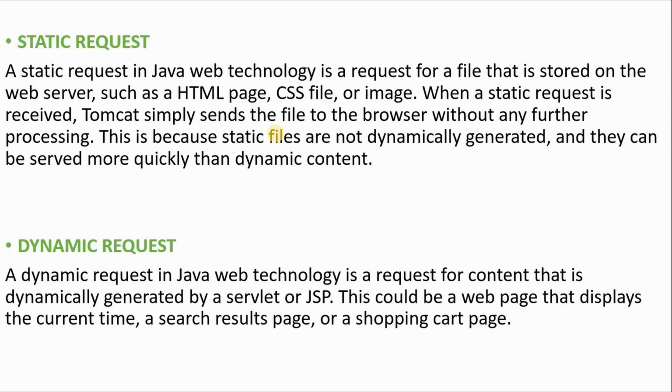So that page is not already present on the server. The server generates a response based on the data, based on your profile, your previous orders. It generates a web page based on those data and gives a response back in the form of an HTML page, right? So this is the difference between static request and dynamic request.